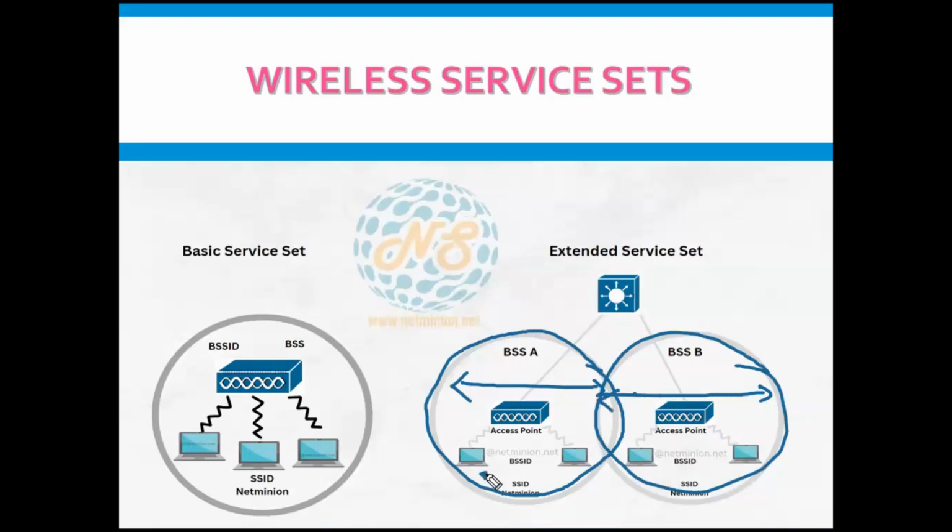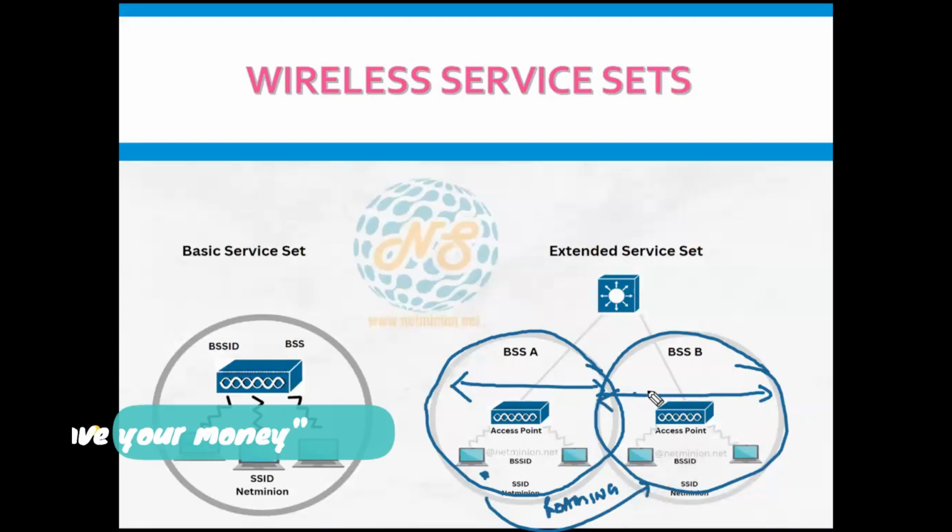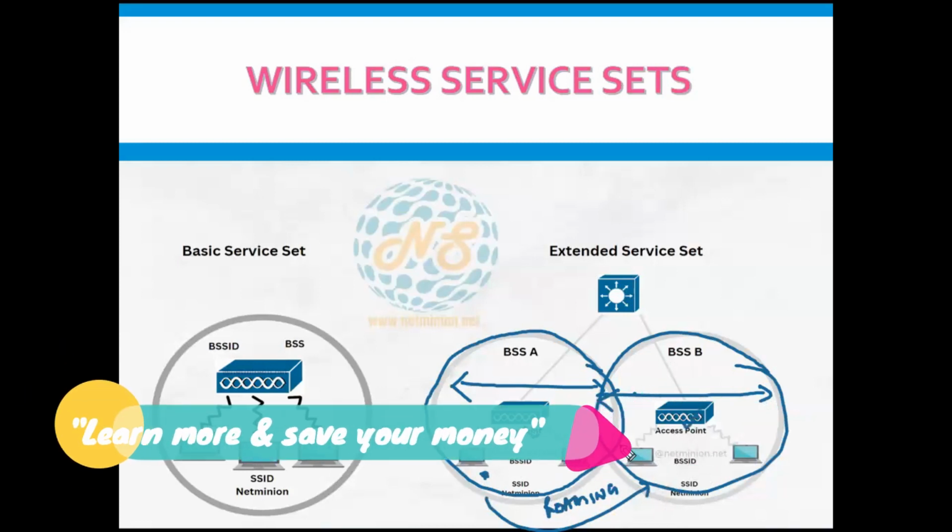And if one client is moving from here to here, this is named roaming, which we will discuss later on. But in case of roaming, how will the traffic move? The same SSID can also be provided by both of the APs.